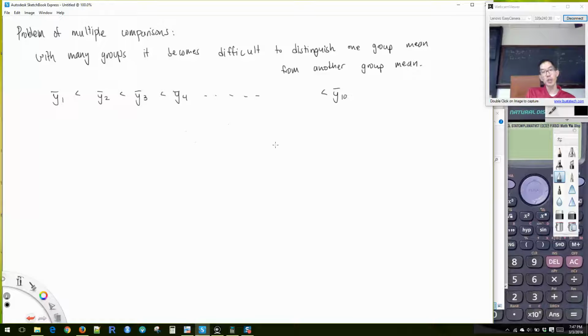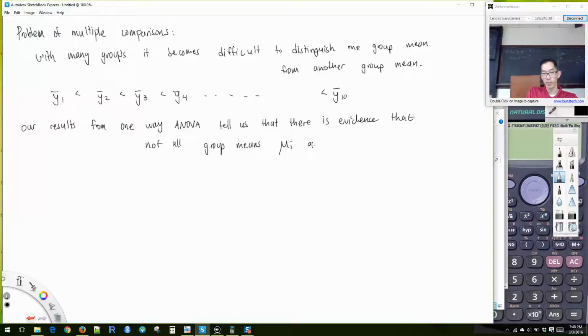And perhaps our results from ANOVA tell us that there is evidence that not all group means are equal.